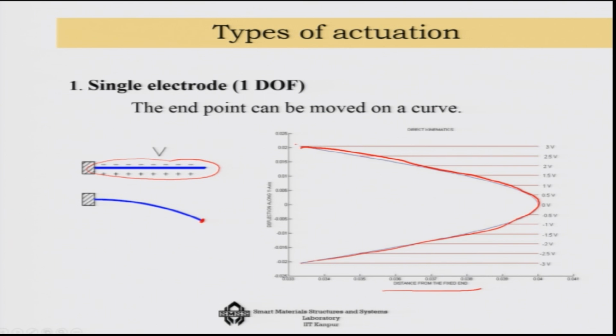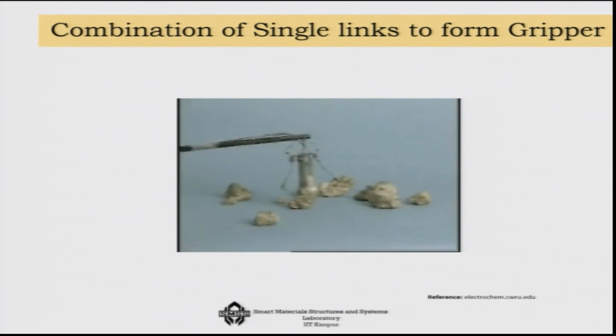So, that gives us the range in which you can actually manipulate such a system. You would see that the endpoints can be moved in a curve by controlling the voltage in the system. Now, I can show you how you can use it in the form of a gripper. If you look at this, it is used for planetary missions by NASA.